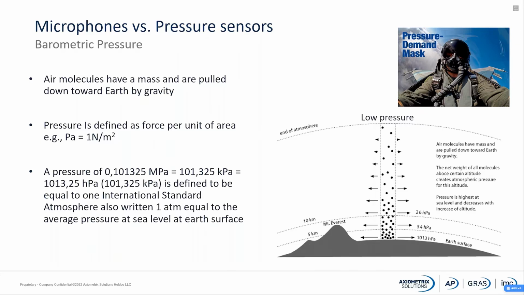So it is more compressed close to the Earth than up at the end of the atmosphere. So it is a pressure against the Earth, toward the center of the Earth, and it is measured in Pascal, equal to 1 Newton per square meter.